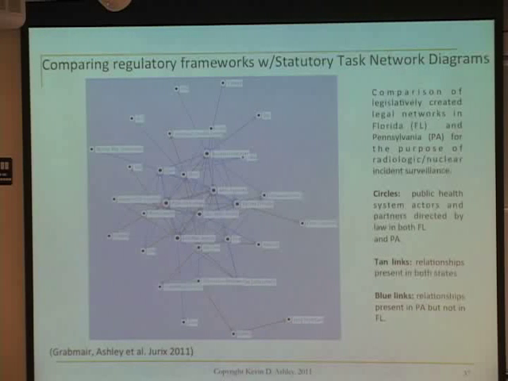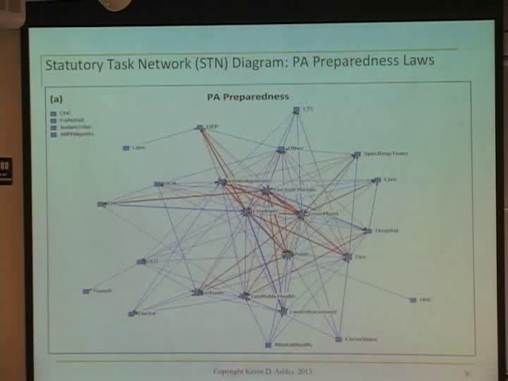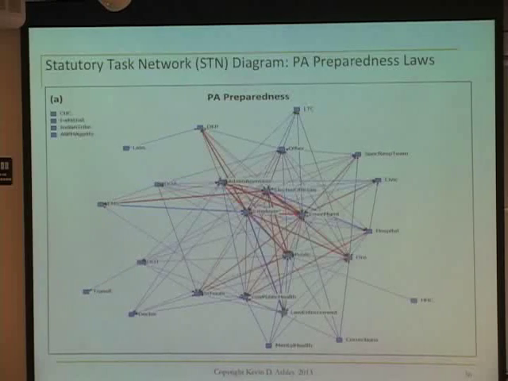The tan links show relationships present in both states, and the blue links show relationships that are present in Pennsylvania but not in Florida. Also, I should point out that up at the far left, it shows the agents that are known but that are not in this system with respect to the preparedness laws.